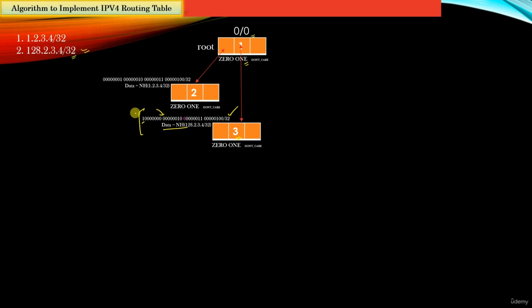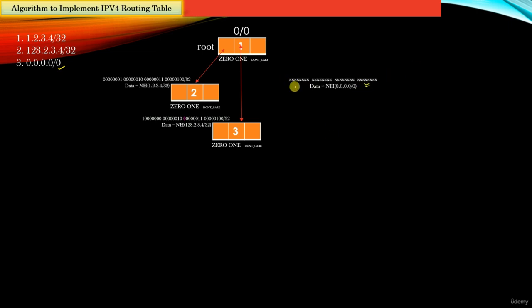We just scan the first bit of the effective prefix of the new route, and based on that we insert a new node as a child of the root node. Similarly, suppose you want to insert the route number 3, which is a default route 0.0.0.0/0. The effective prefix representation of this route is nothing but all don't cares.